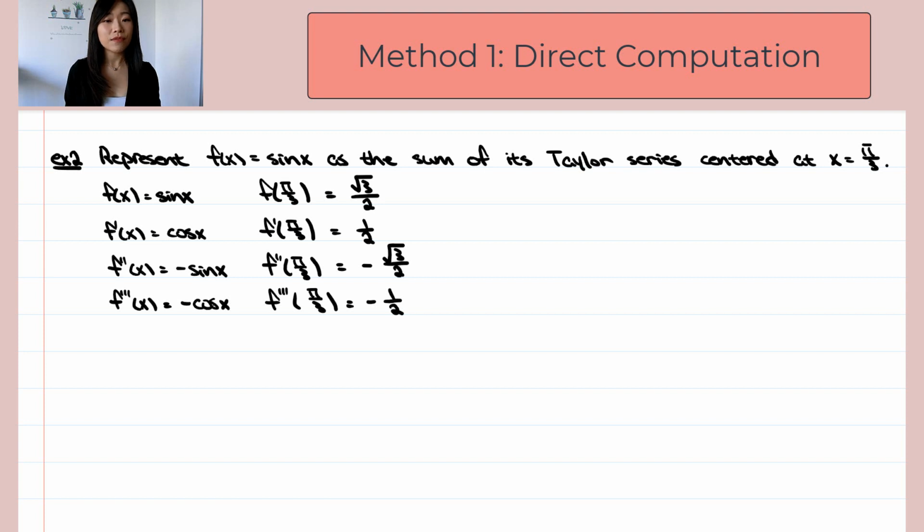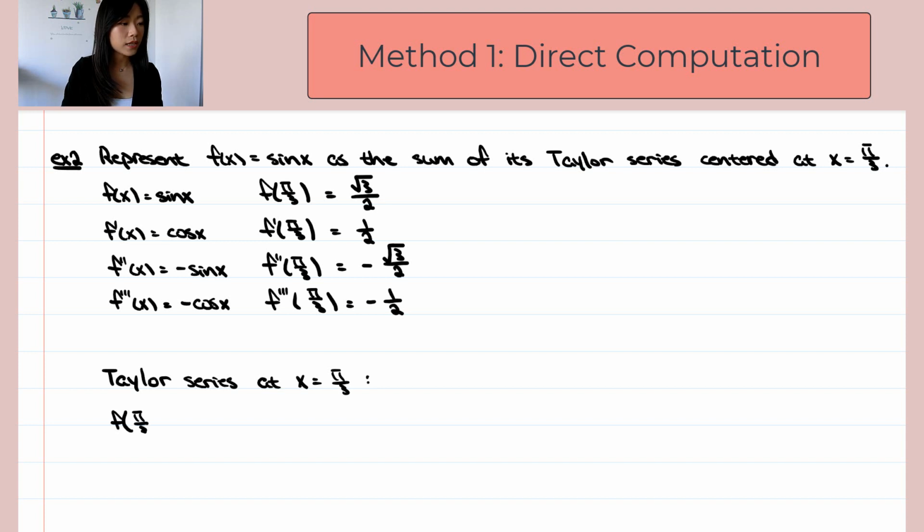Now using these derivatives, let's write out the Taylor series. Let's write out the first few terms. We have f of pi over 3, then plus the first derivative evaluated at pi over 3 divided by 1 factorial, then times (x minus a, and a is pi over 3) to the power of 1.